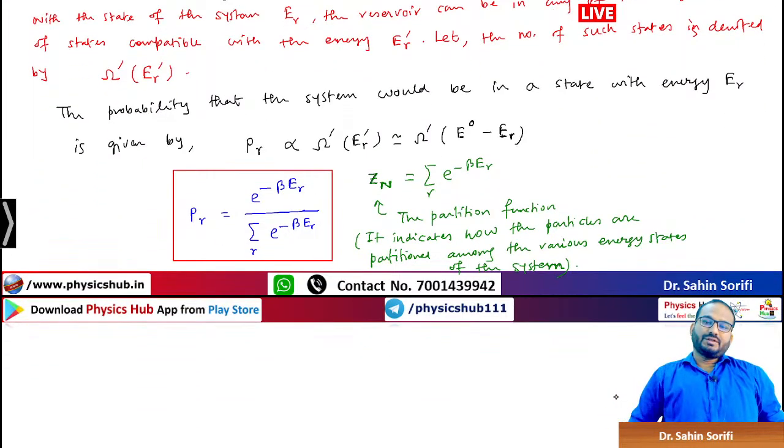The name speaks for itself. So you need to remember these two formulas. One is this probability for the system to be in the state with energy ER, and the other is the partition function expression.